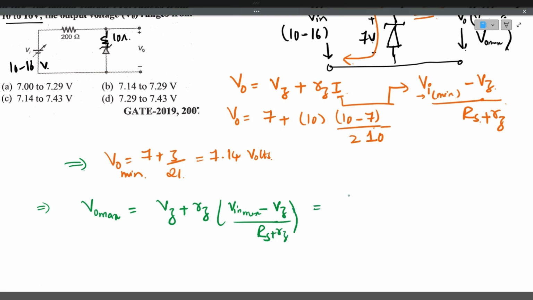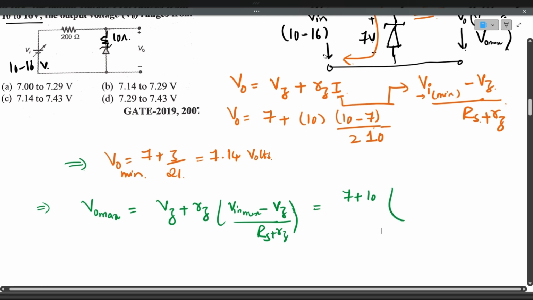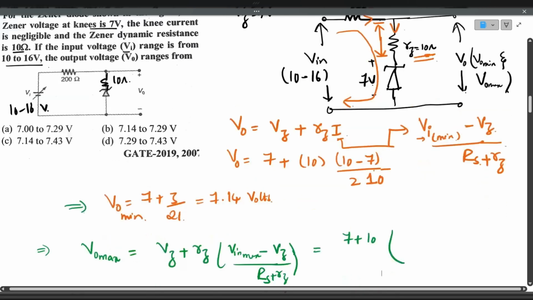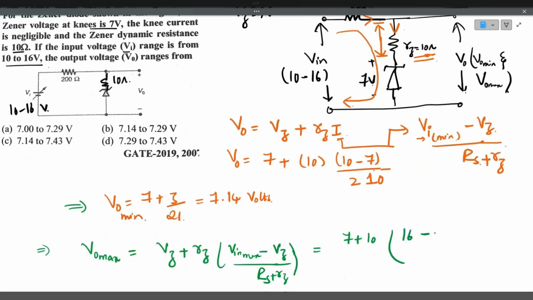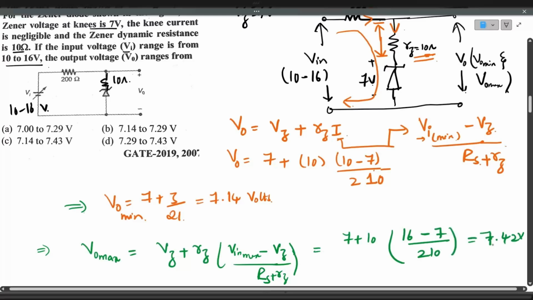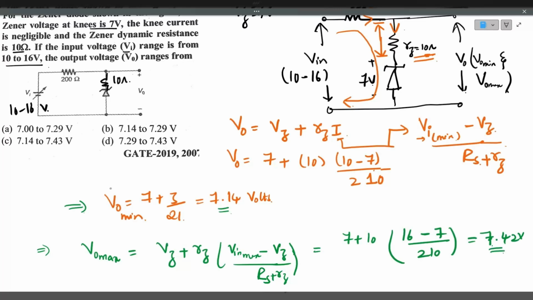V in maximum is 16 volts, so 16 volts minus 7 volts divided by 210, which gives 7.42 volts. So the output ranges from 7.14 volts to 7.4 volts. So the answer is option C.